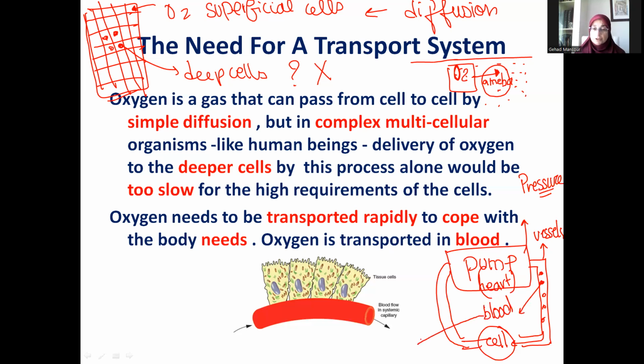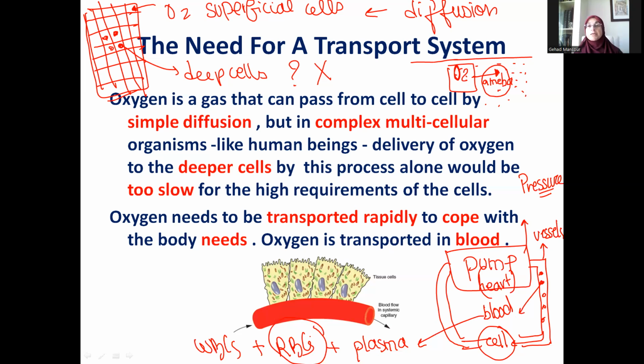And actually, oxygen is dissolved in a particular compartment of the blood, which is plasma, because you know that blood consists of plasma, red blood cells, and other cells like the white blood cells. And actually, oxygen is mainly carried in blood combined to the hemoglobin inside the red blood corpuscles.